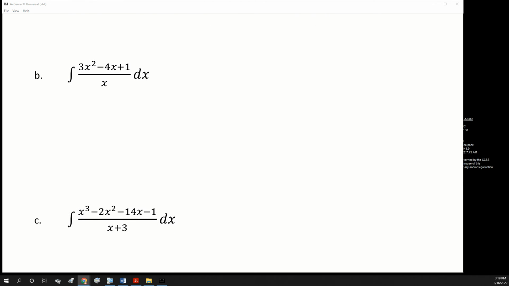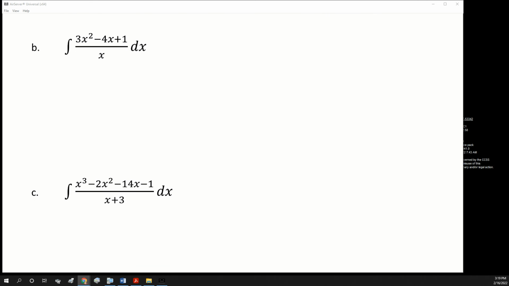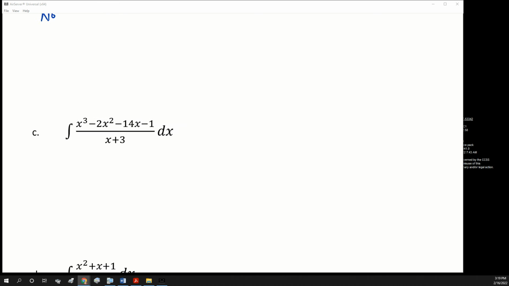All right. And then when you look at B, same thing. We have this fraction. So then you're like, okay, the denominator is the inside, but then you have all this x, 3x squared. So this one is also no. Okay.